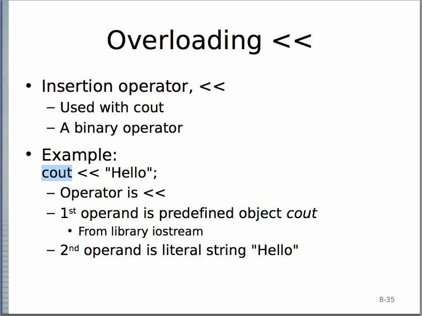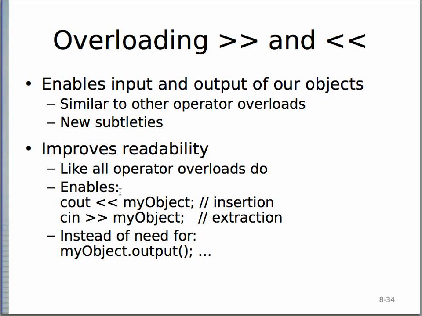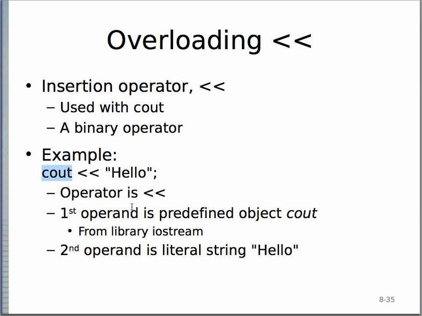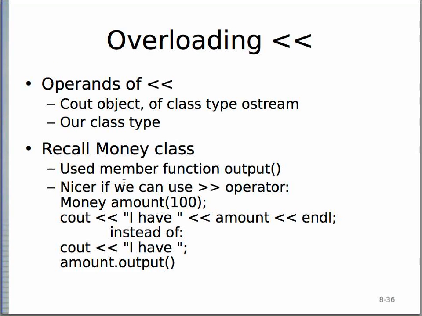So what it comes down to is that if you want to print out an object like this, you cannot set up a member function to do this, because this is the first operand and this is the second. You have to have a friend function. Hope that idea is clear, and we'll take a look at how to implement this operator. Once again, the first operand, the left-hand side, is cout. The second operand is, in this case, a string, or if you have an object, it'll be the object.